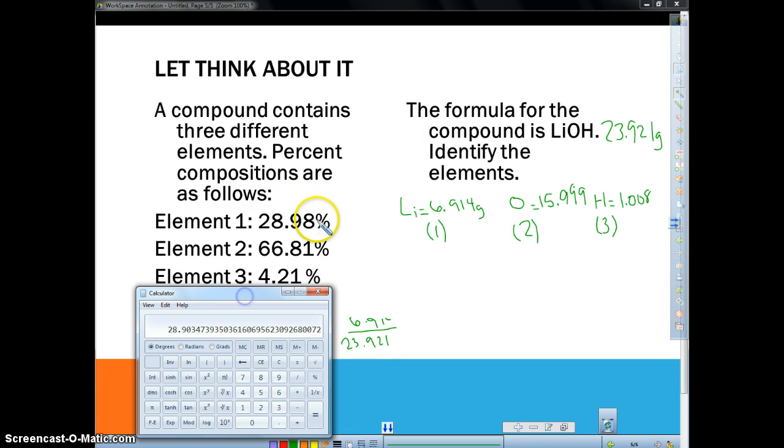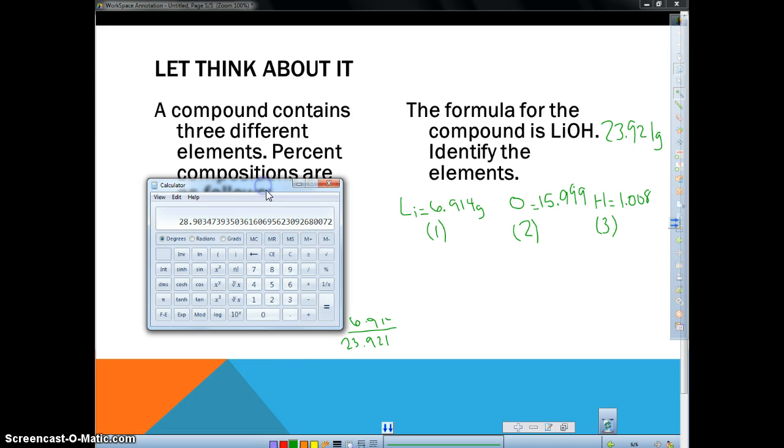And again, there will be a little bit of rounding error. So I have 28.9 and then again 28.98, fairly close. So that's the other way you can think of these. And we can do the same thing for oxygen, get its percent composition, calculate it, and it should match these numbers. So that's one way to think about it. The heavier you are, the more percentage you contribute.